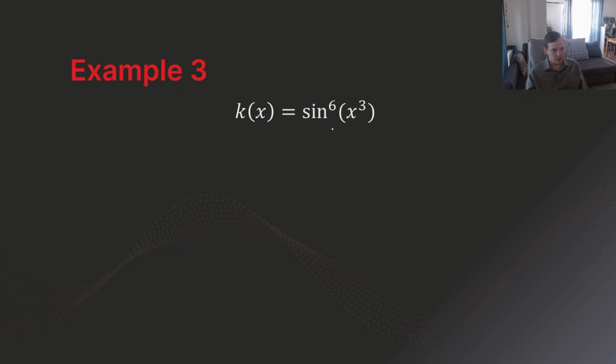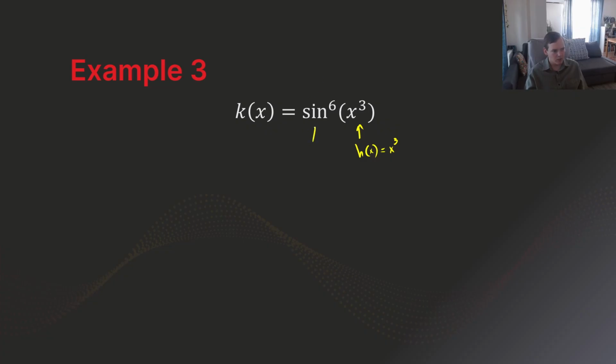All right, our third example, we have sine to the 6th of x cubed. Because I know that this is going to be 3 layers deep, I'm going to go ahead and start by calling this h of x. So h of x is equal to x cubed.